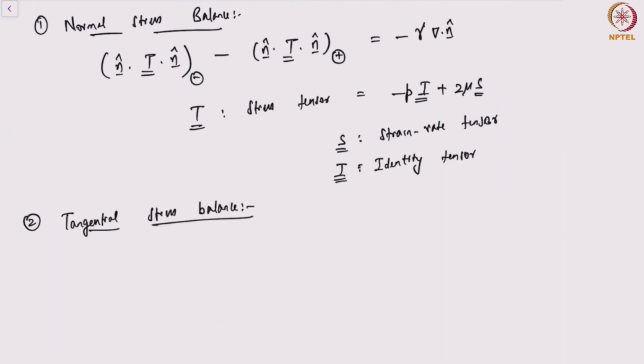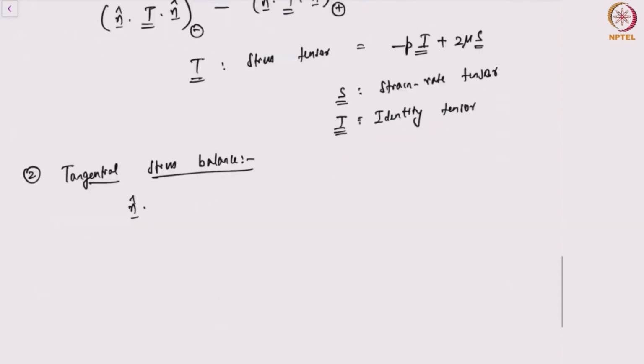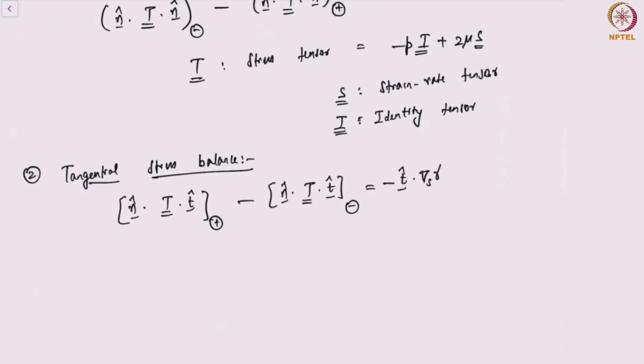We haven't applied it to this particular problem of a free surface flow. We'll do that in a minute. Plus, minus, del S of gamma, right?